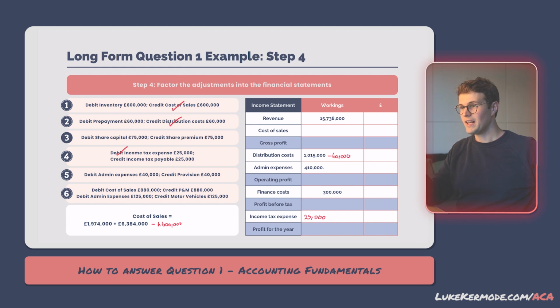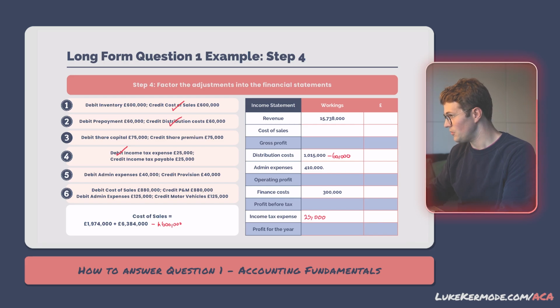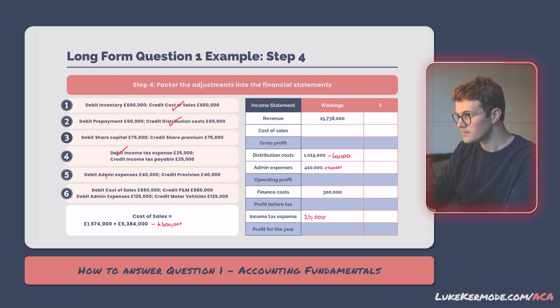We also need to account for the legal provision, so the expected cost is £40,000, and we're told to charge it to administrative expenses. And finally, we need to factor in depreciation. So we calculated 880,000 on plant and machinery. That's charged to cost of sales.